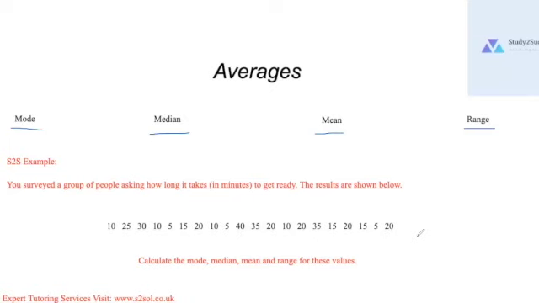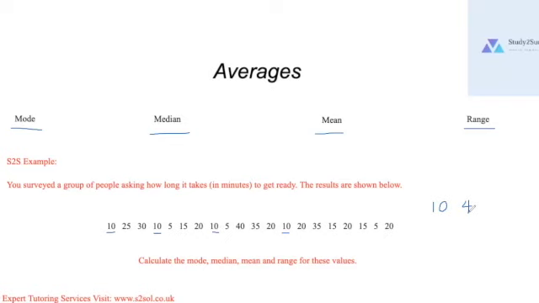For example, if we look at our example here, we can see that it's taken 1 person, 2 people, 3 people, 4 people, 10 minutes to get ready. So the value for 10 minutes is 4.